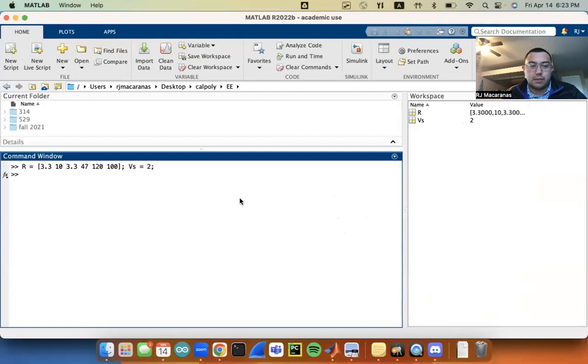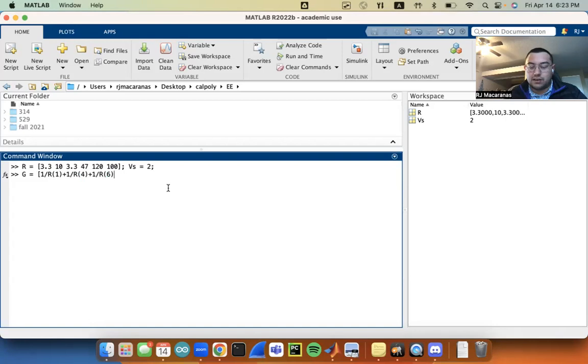So here I am back in the command prompt. I've stored R and VS into my workspace. What I want to do now is define G. Based on what I've got here, G was 1 by R1 plus 1 by R4 plus 1 by R6.